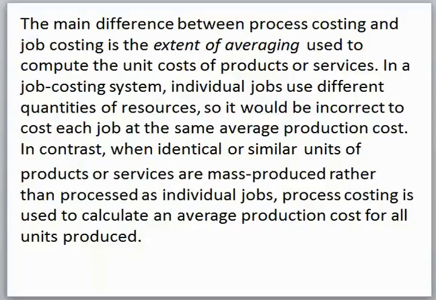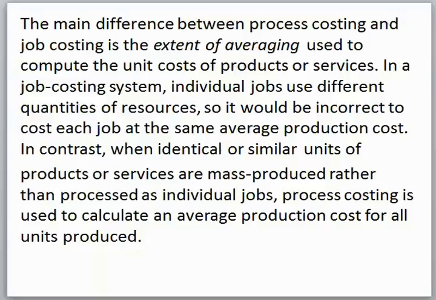So the main difference between process costing and job costing is the extent of averaging used to compute the unit costs of products or services. In a job costing system, individual jobs use different quantities of resources, so it would be incorrect to cost each job at the same average production cost.